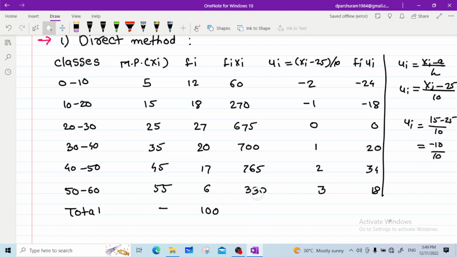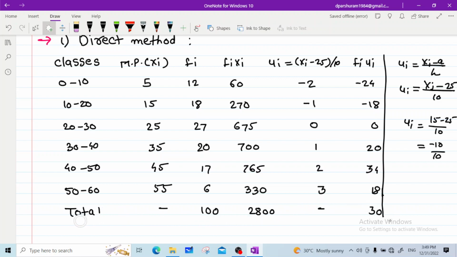Then summation of fi xi, that is 60 plus 270 plus 675 plus 700 plus 765 plus 330, we get the answer 2800. And summation fi ui, that is minus 24 plus minus 18 plus 0 plus 20 plus 34 plus 18, which is equal to 30.